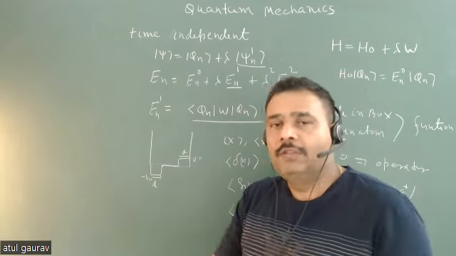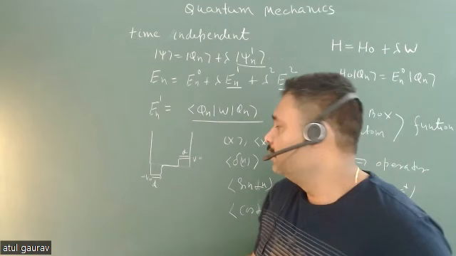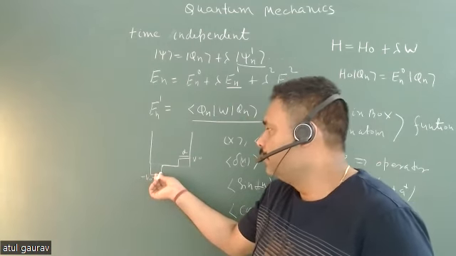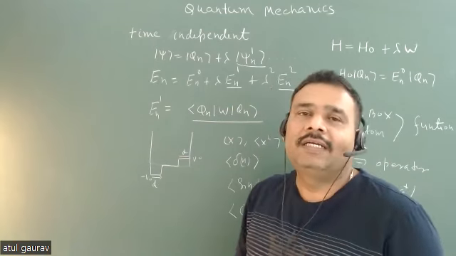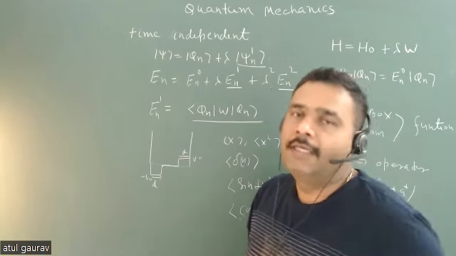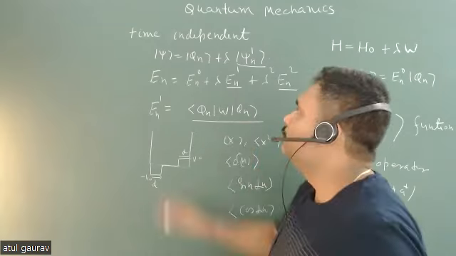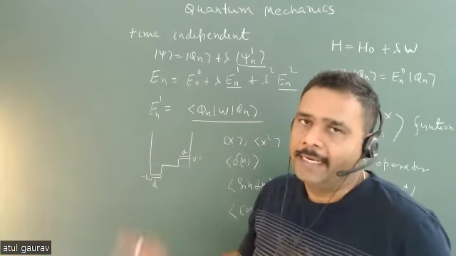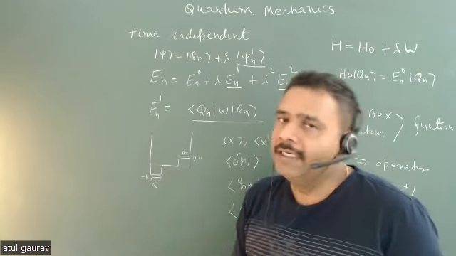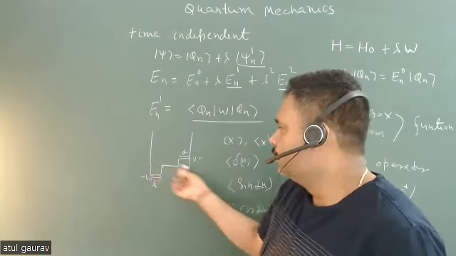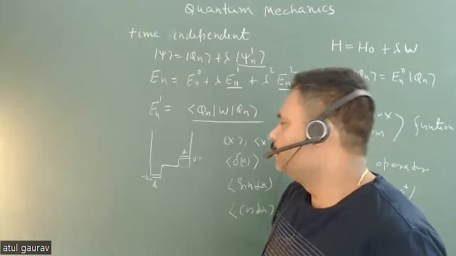So you have to do this calculation in a very nice way. You have to calculate this point, you have to calculate this point, and then you have to go. So the symmetry is very important to solve this type of time independent perturbation, either for the degenerate or non-degenerate case. So you can prepare this type of potential.